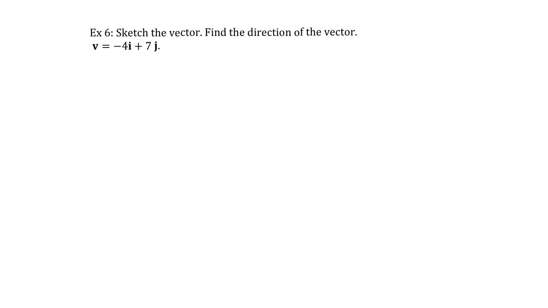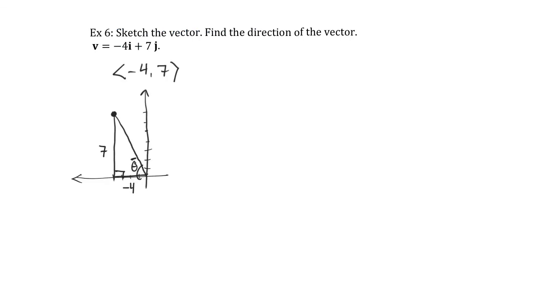I'll go ahead and draw this one out. Okay, and then I can find the reference angle here by taking tangent of our reference angle, that would be opposite, which is 7 over adjacent, which is negative 4. And then I'm just going to find the arctan, and I'm going to be in degree mode.